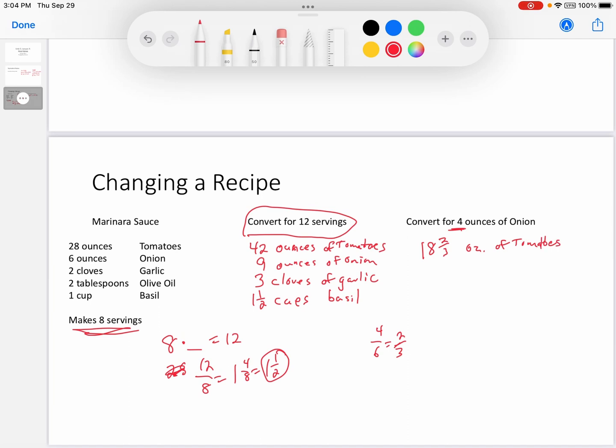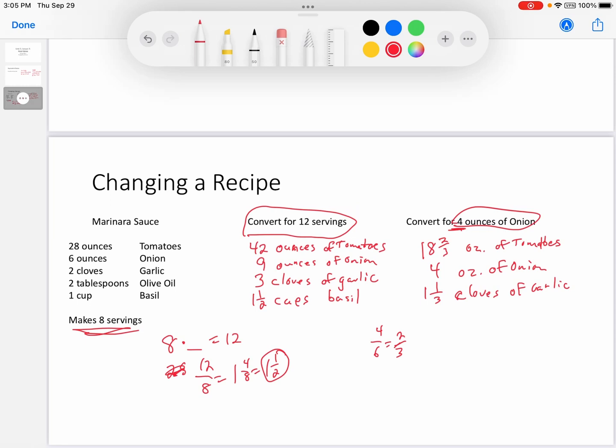6 times 2/3 is 4 ounces of onion, and we knew that because that was our goal, making 4 ounces of onions. 2 times 2/3 is 4/3, or 1 1/3 cloves of garlic. Now, for those of you who have used garlic in cooking in the past, you know that you don't actually have 1/3 of a clove.